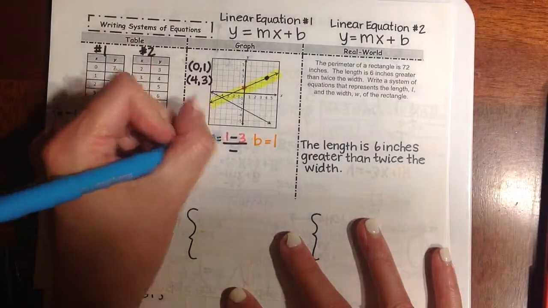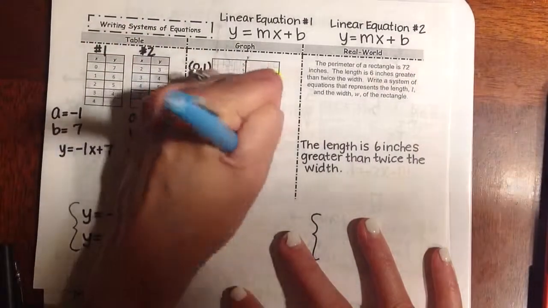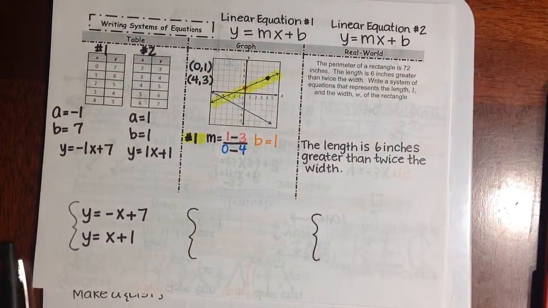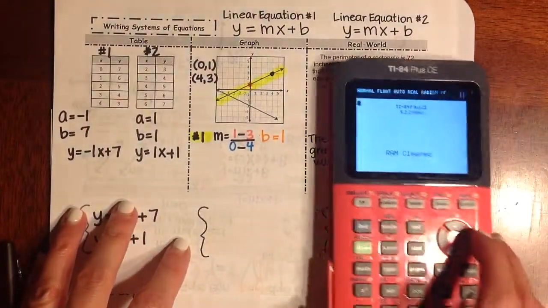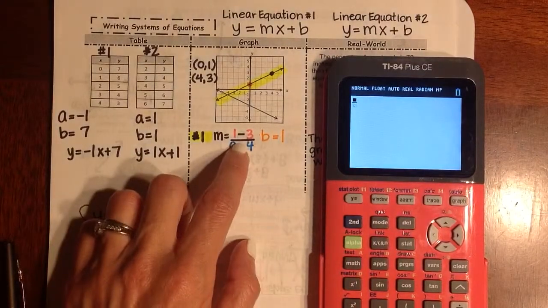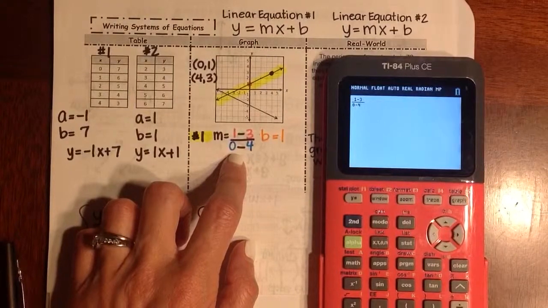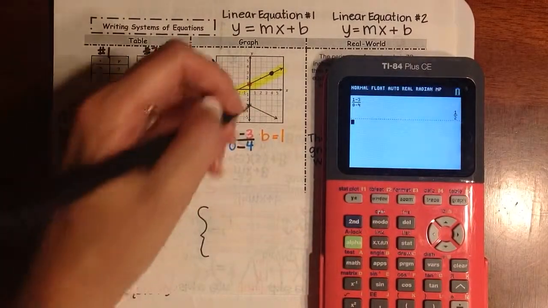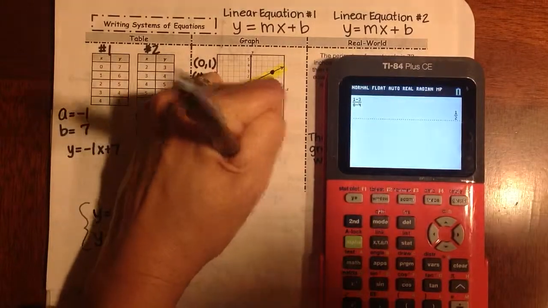Since I used the 1 first, I have to use its ordered pair match, which is 0 for x. And then the 4 is the ordered pair for 3. Now I'm going to use my calculator and type this in all at once. I type in 1 minus 3, 0 minus 4, and I get a slope of 1/2. So m equals 1/2.